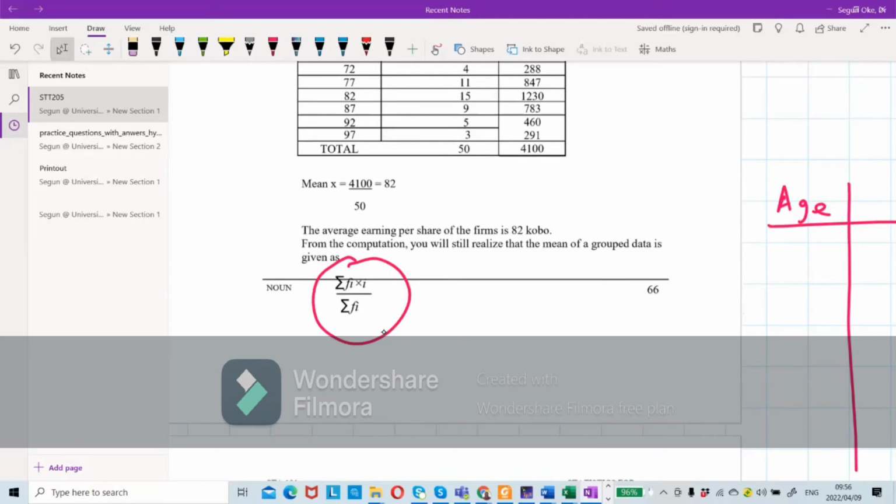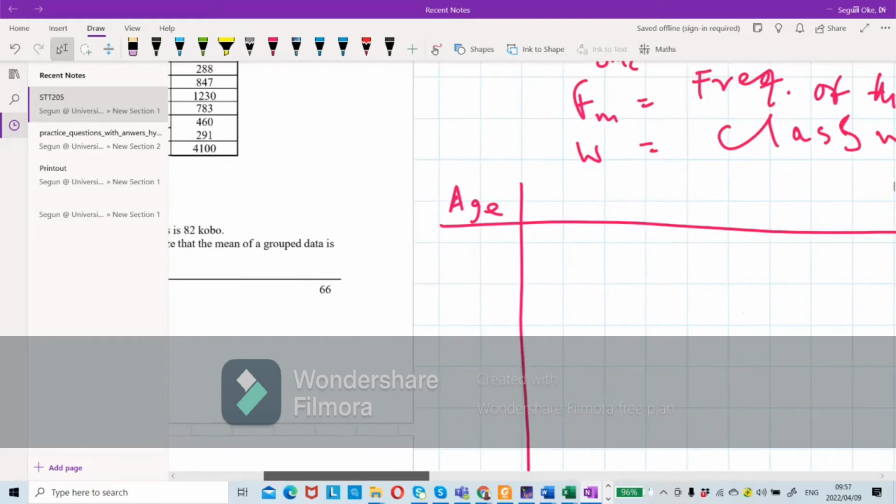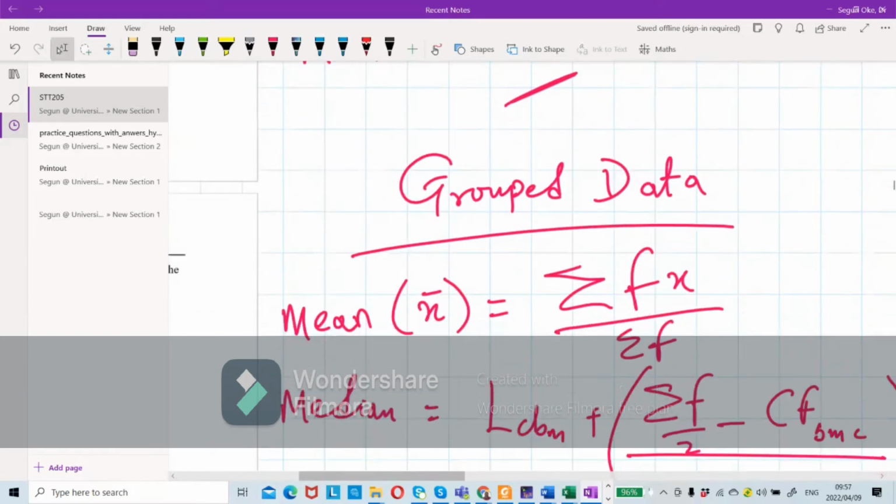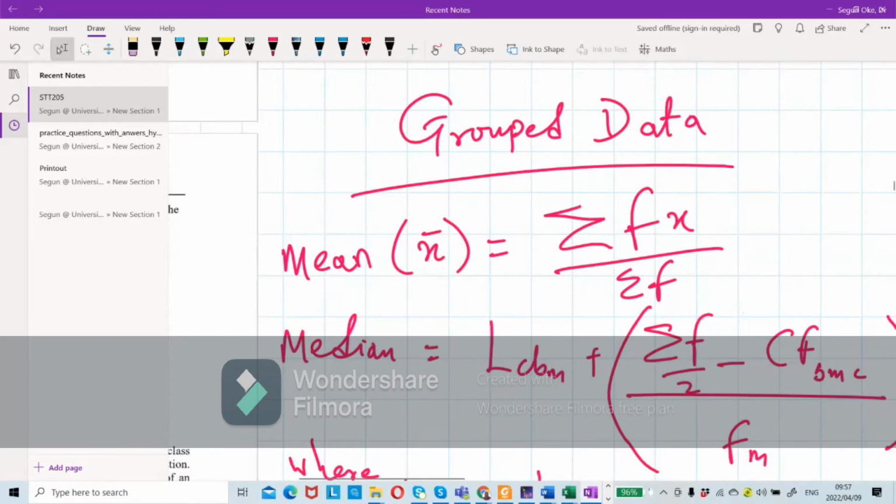Can you see your screen? Yes, sir. What is this formula for? The one I circled. It was finding the median of the group data. Is it median or the mean? Mean. Sorry, mean. Look at the one I gave you. What do I call it?